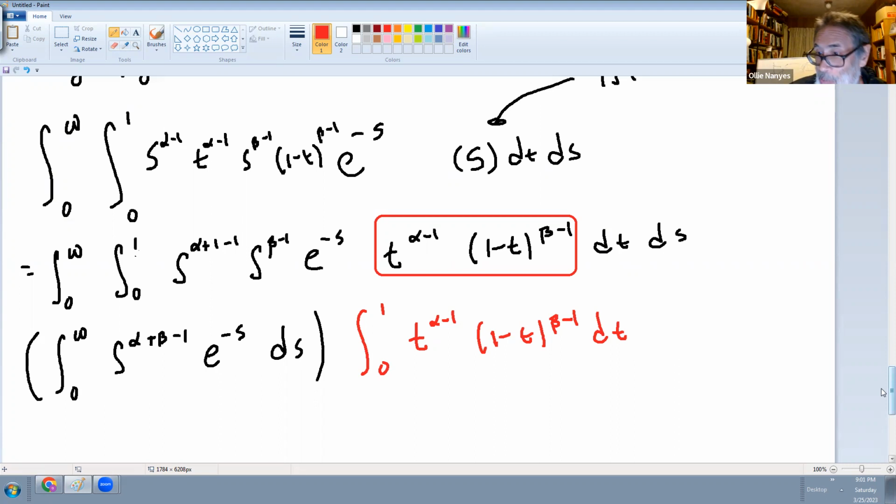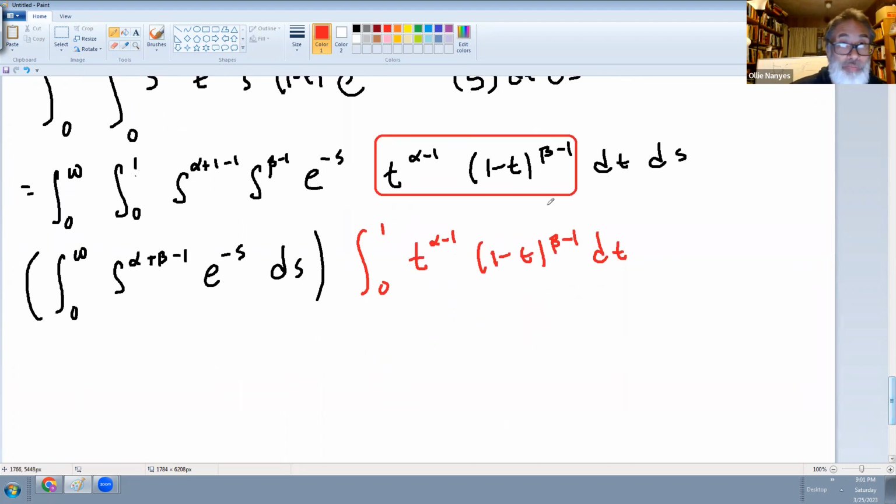And look at what we just showed. We just got what we wanted, because this is now equal to, by definition, the gamma function of alpha plus beta. And this is your beta integral.